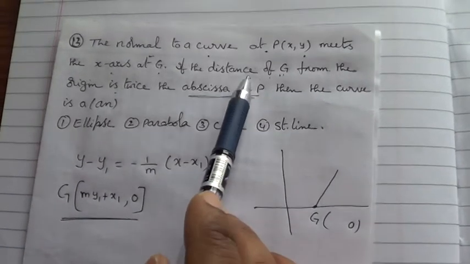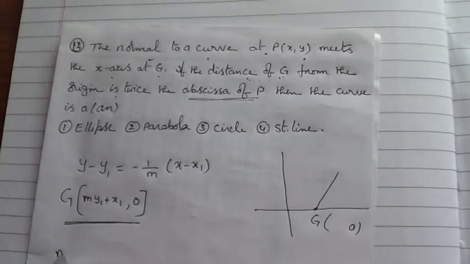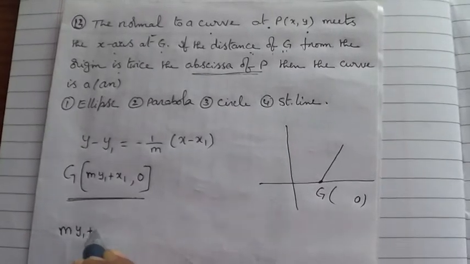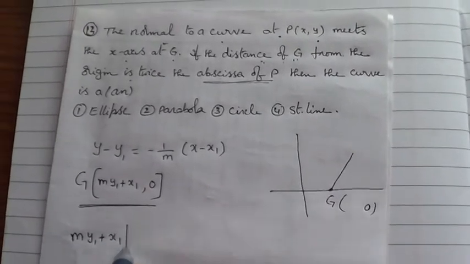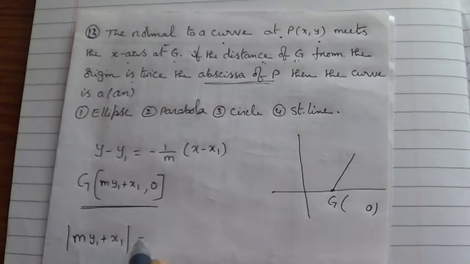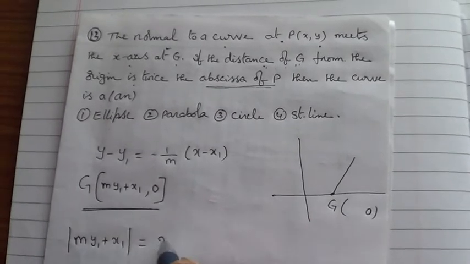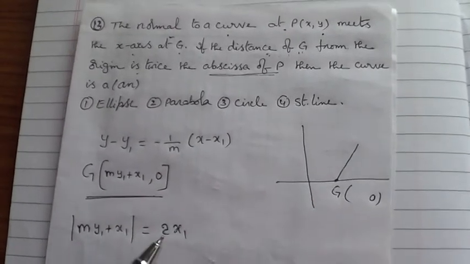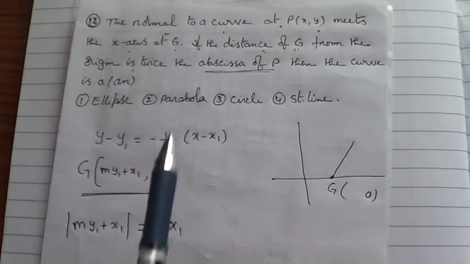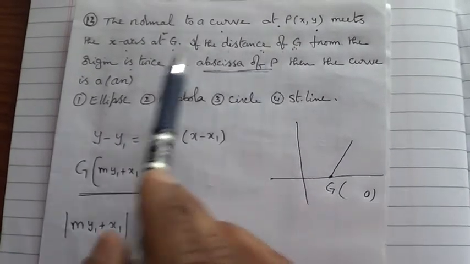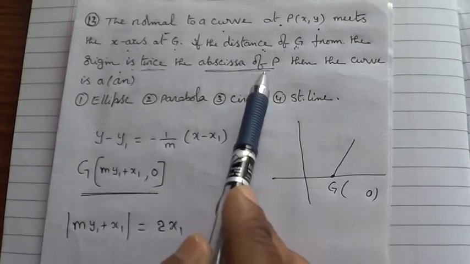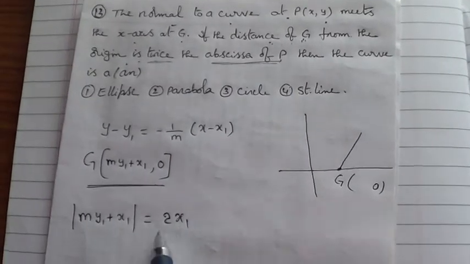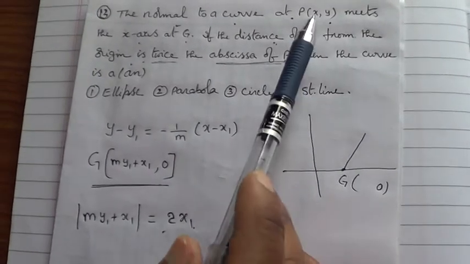The distance of G from origin is m y1 plus x1. Distance is always positive. That is equal to 2 times the abscissa. If the distance of G from origin is twice the abscissa of the point, 2 times x1. Actually there he has given x comma y.